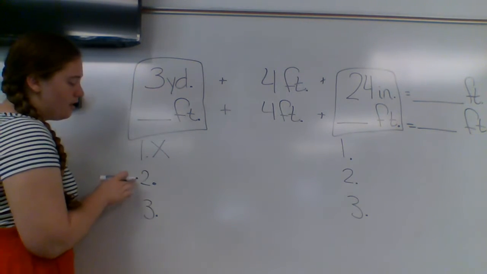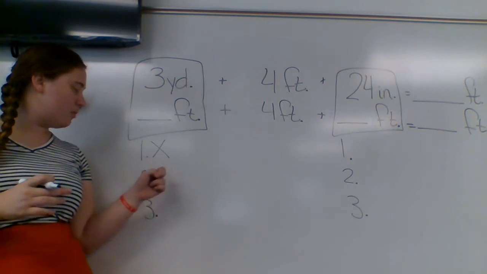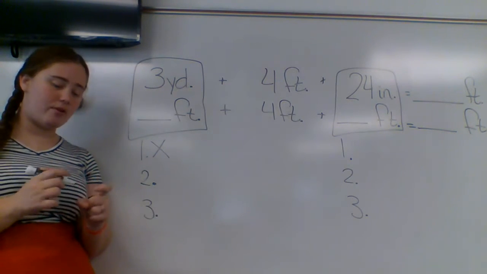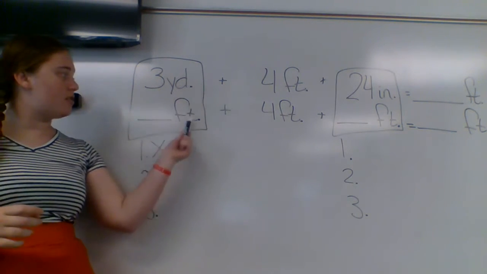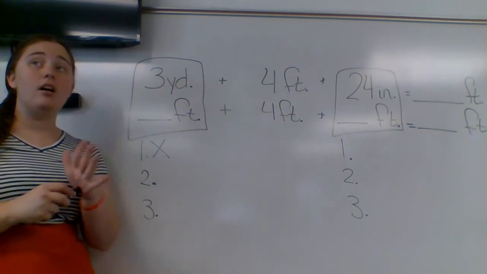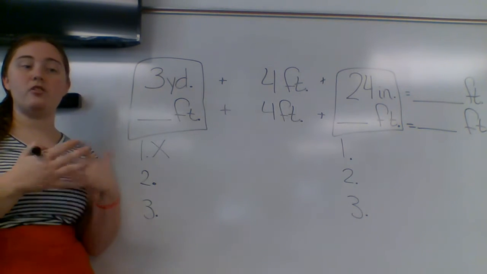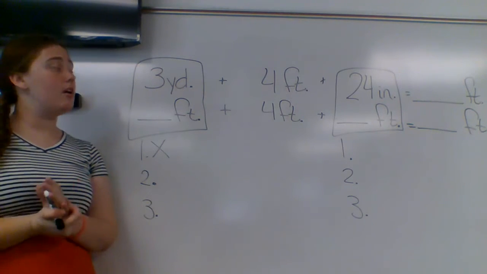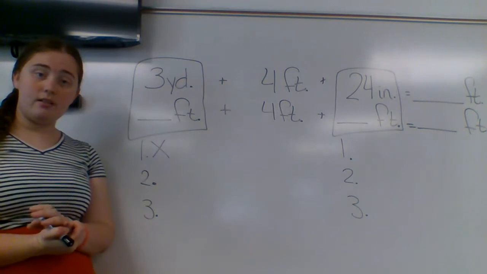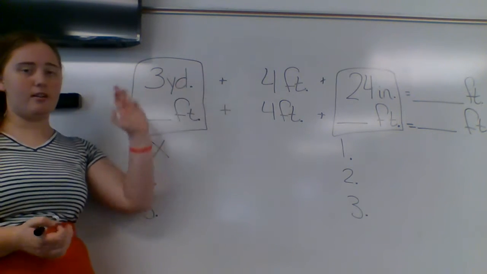So go ahead and put that. Multiply. And then number 2, I'm multiplying because I'm going larger to smaller. Number 2, my special number. How many yards are in a foot? Well, I know based on the measurements that there are 3. Well, there's not how many yards are in a foot, there's how many feet are in a yard. I'm sorry, I misspoke.